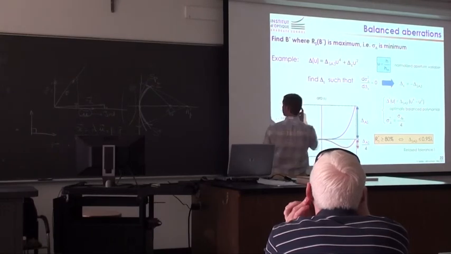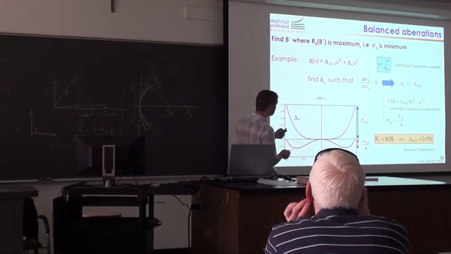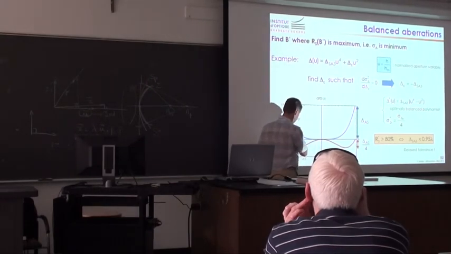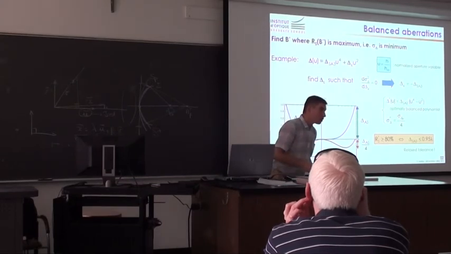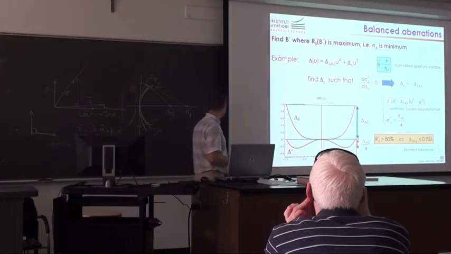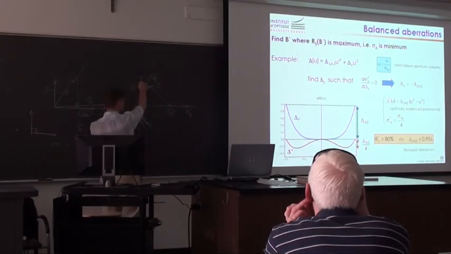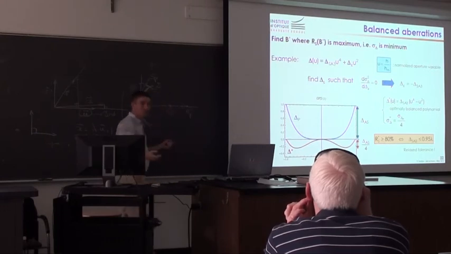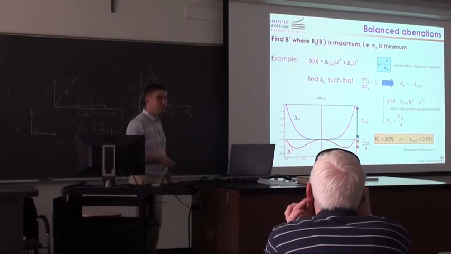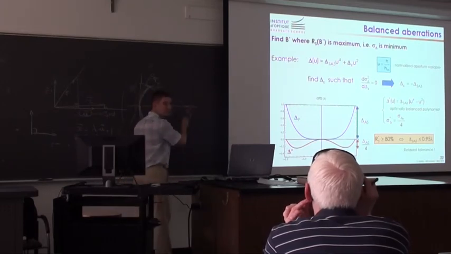Well, what the calculation says is that the variance of this new curve will be larger than this one, and the other way around too. And the endpoints are the marginal rays through the system. Yes. Which, by the way, means also that if we decrease the diameter of the iris diaphragm, the best focus moves. And, of course, ultimately, if the iris diaphragm is totally closed, the best focus is here.